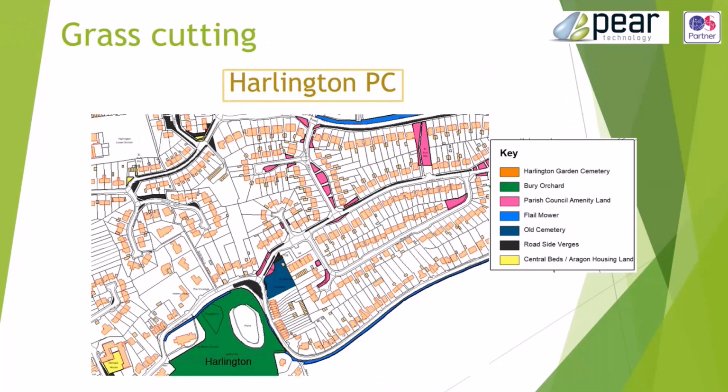And here's an example of how this might be used. So the grass cutting area, in this case Harlington Parish Council, very easy to mark those and show those on the map. Also very easy to calculate the area and produce a PDF, for example, for a contractor to go along and cut the grass, and the area can be used for when you're asking for quotes for the work to be done.